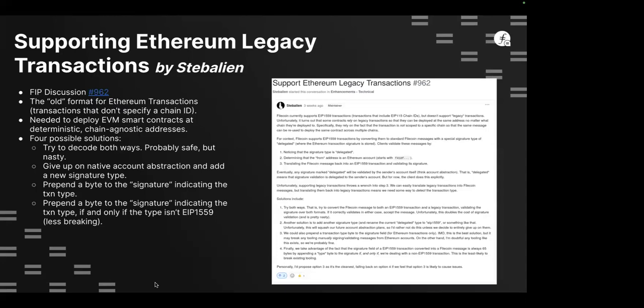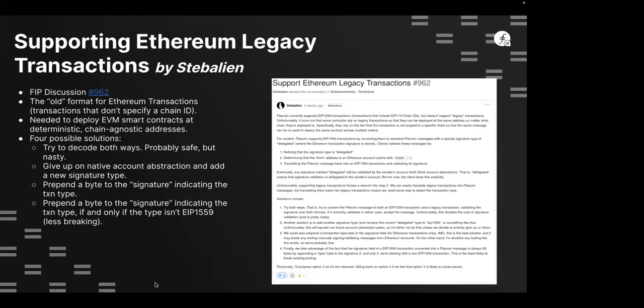option. Another option is to give up on native account abstraction and add a new signature type. So remember when I talked about how our intention was to eventually add native support for account abstraction, and the idea was that the ETH account was supposed to validate the signature for us. To support this, we added a special delegated signature type, and the idea was that it was delegated because we were delegating the signature validation to the account's code.